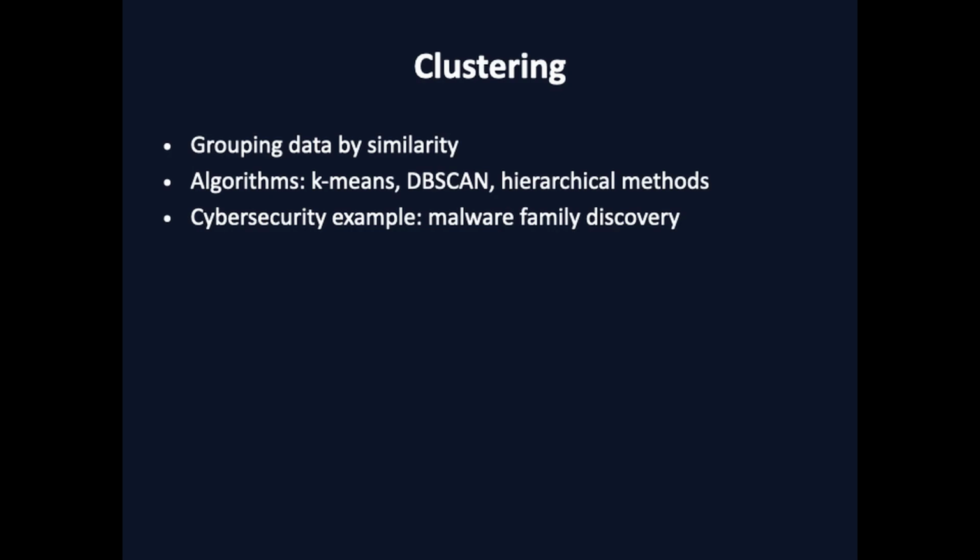The mathematics underneath clustering, of course, is rich, and there are many different approaches, each with its own strengths and weaknesses. So let's look at the three most common means for clustering. The first one is k-means clustering, often the very first clustering algorithm that students learn because it's conceptually straightforward.